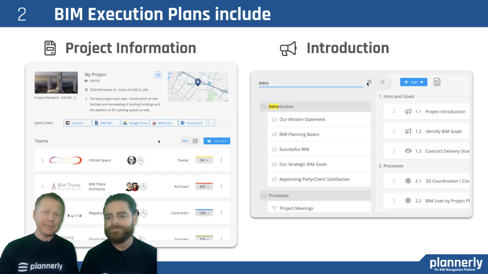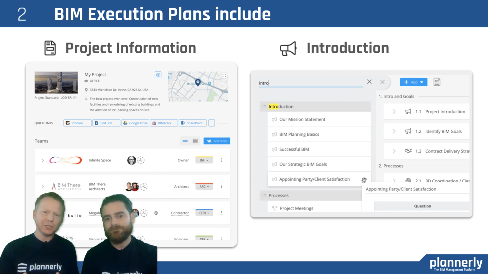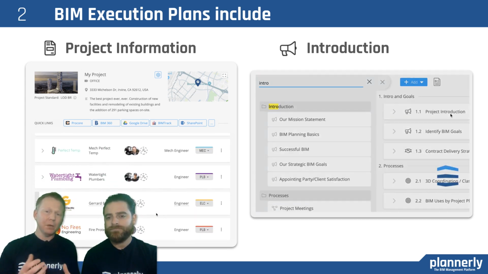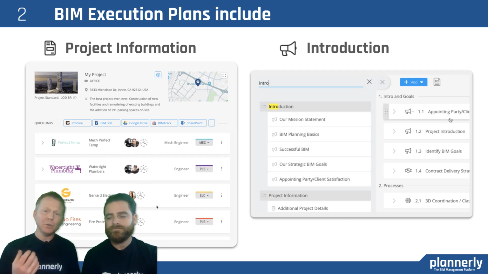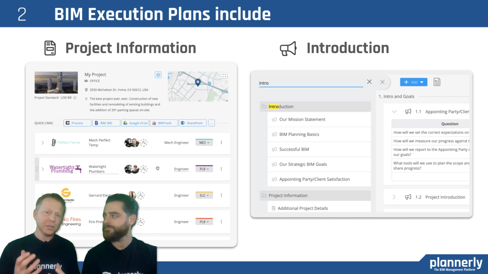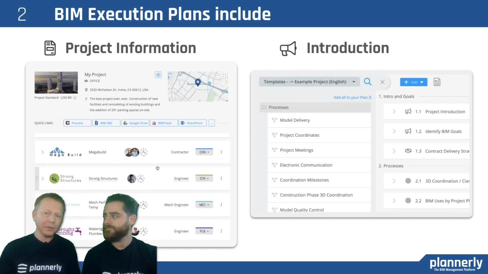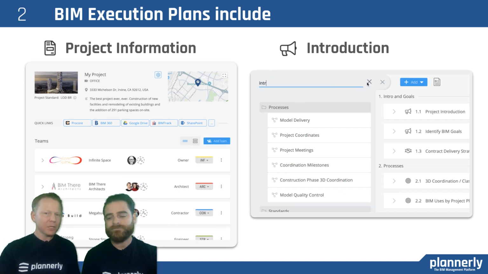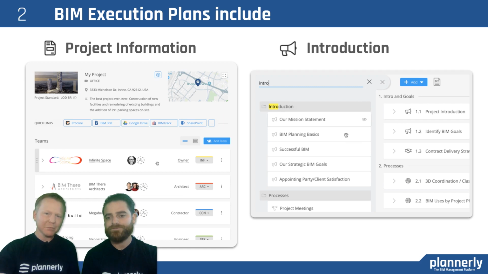Some projects might need a very robust mission statement and a definition of why we are even starting to adopt BIM. Some might be slightly further along. It might be more training related introductions, and others might be much more detailed into the processes and understanding how they're going to deliver. Not wanting to cram the wrong set of information and introductions to the wrong teams.